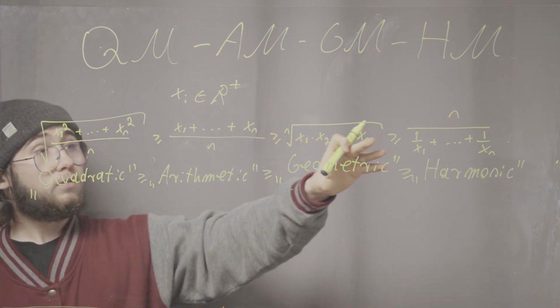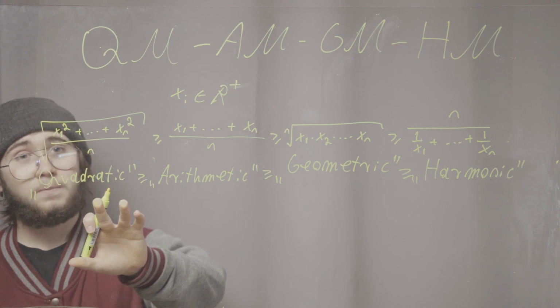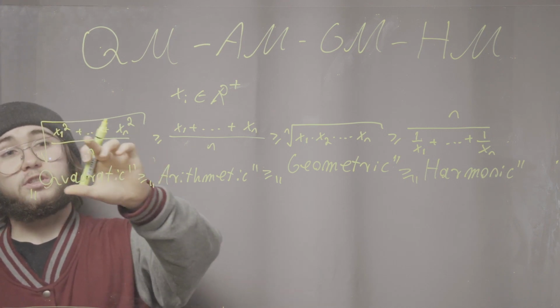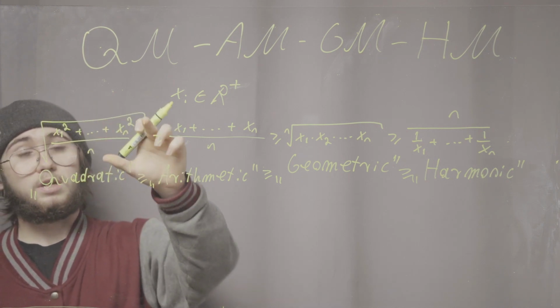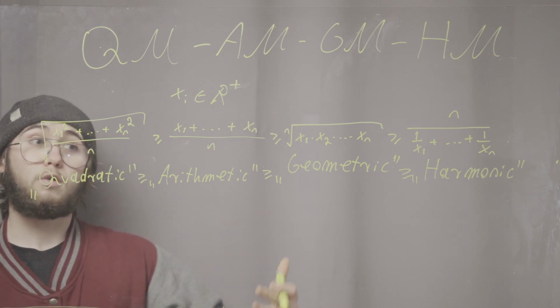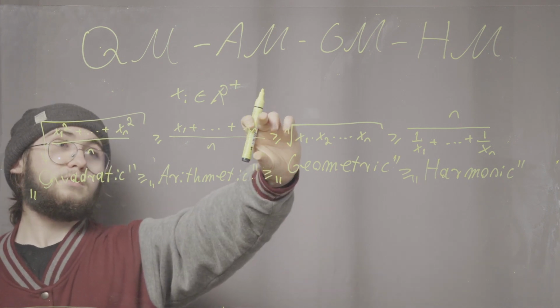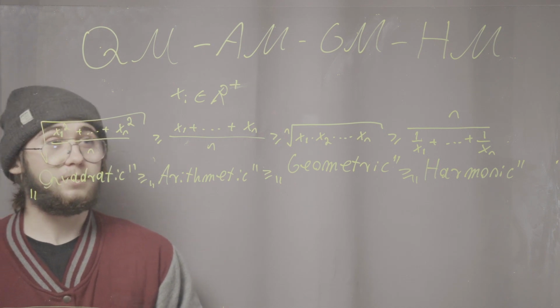So for all non-negative xi's, we have that the quadratic mean of n numbers, which is just the square root of the sum of squares of those numbers divided by the quantity, is greater than or equal to the arithmetic mean, which is the sum of those n numbers divided by the quantity of them.